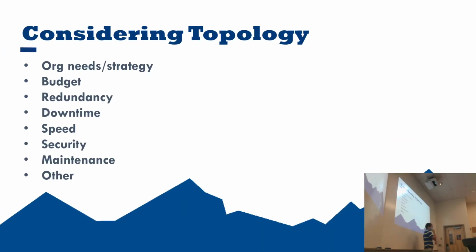So when we think about which topology makes sense, what are we going to keep in mind? Well, there's a lot of different factors. So the most important one, I don't even know if this is in the book, but think about what the organization needs. What is their strategy? We're talking about this from a business perspective. What do they need to do? If they're a business that does not have any needs of technology and their strategy does not require it, do we need to have a network at all?